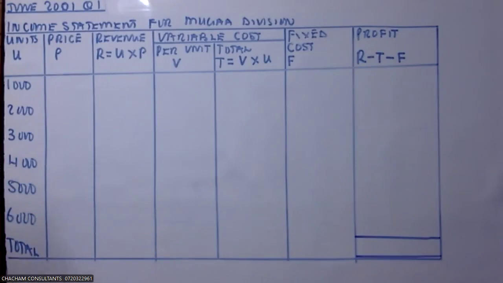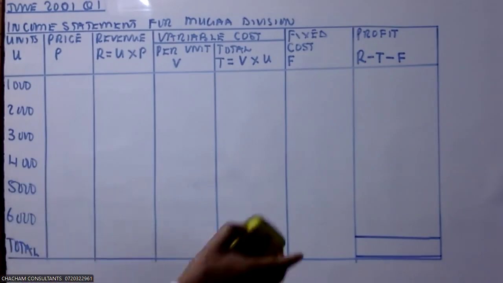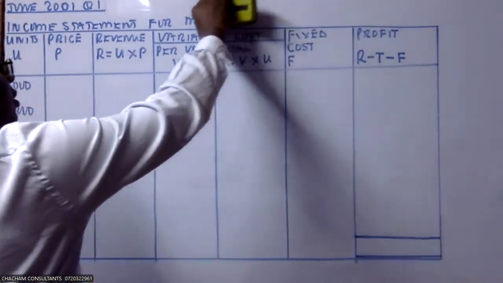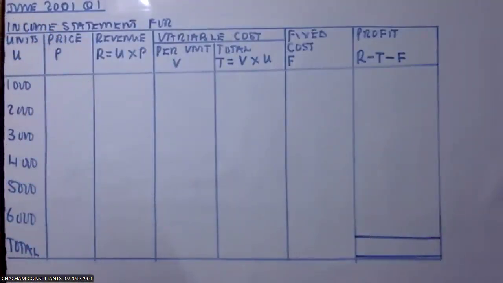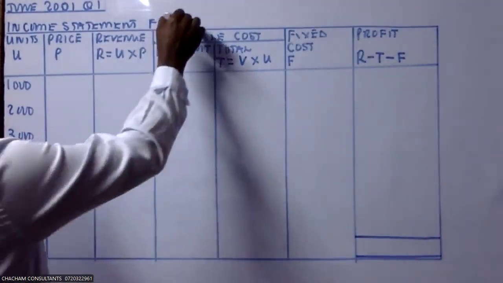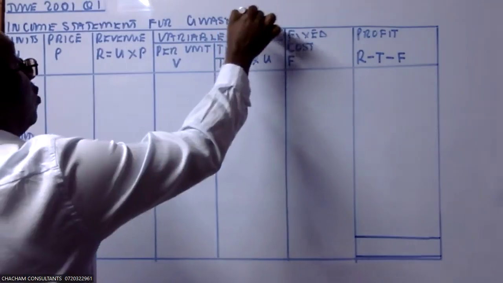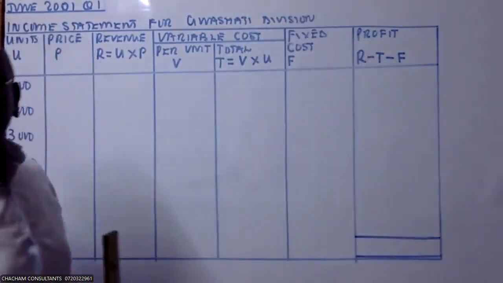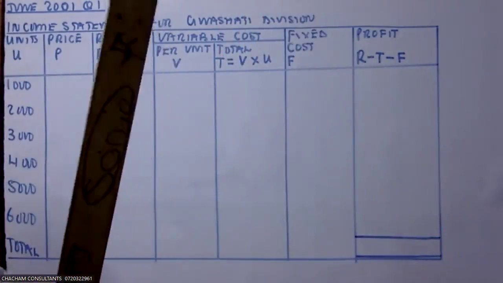Higher. If we are finished, I want to draw another table like this. The same design, but now you call it Washati division. We have 3 tables, so make sure you are very fast, because I can see we have like 15 minutes. So draw another table and call it Washati division. Kumaliza, uandike the word yes.